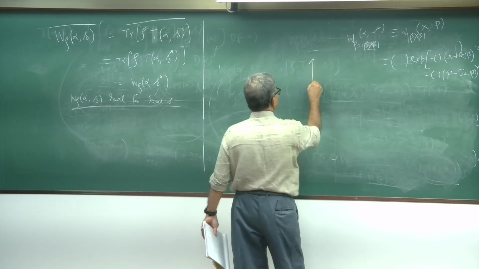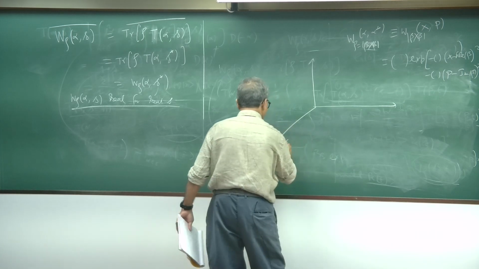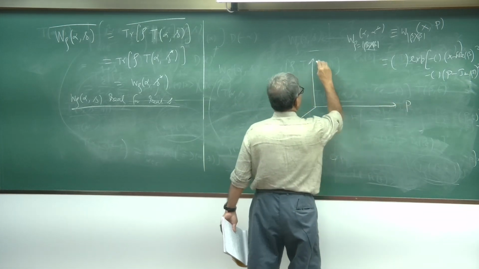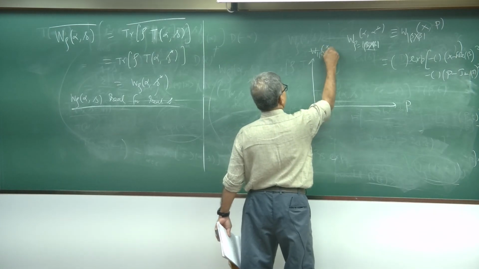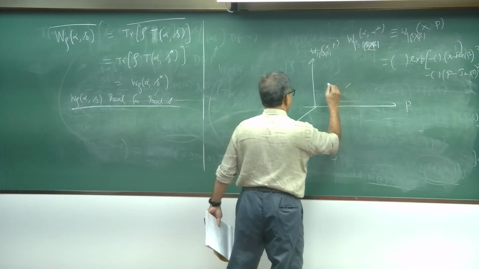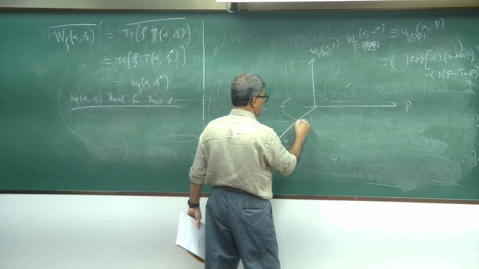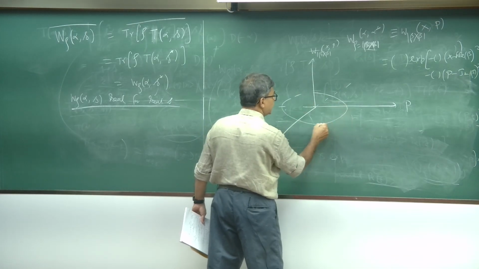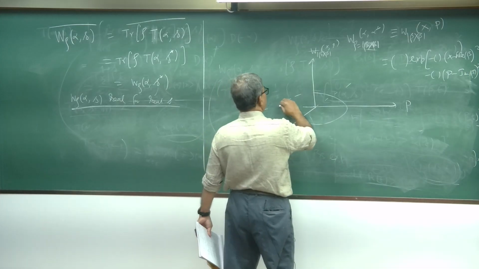If I plot, this is my x and this is p, and this is my Wigner function. Maybe it will be a circle or an ellipse depending upon these factors.